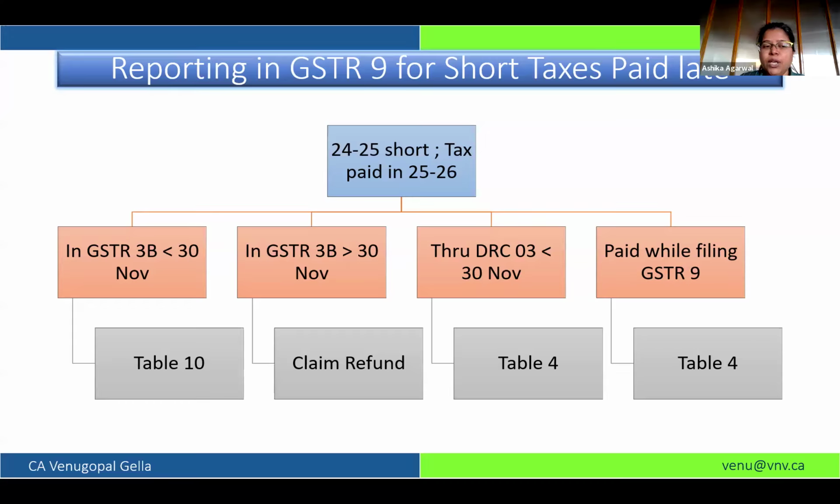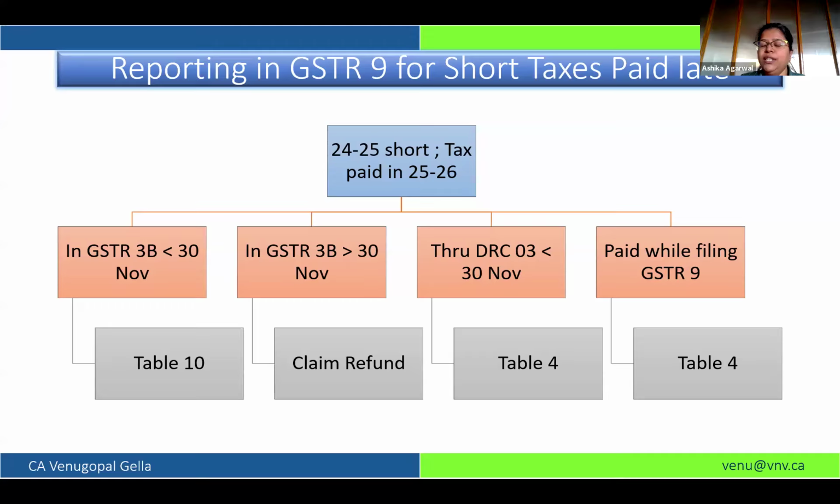And as it is a spillover, you would have seen the department does multiple audits, and they don't want to go to the next year to verify whether it is excess payment or short payment. So if you have paid in excess of what is payable for 24-25, then claim a refund instead of adjusting with the subsequent year.